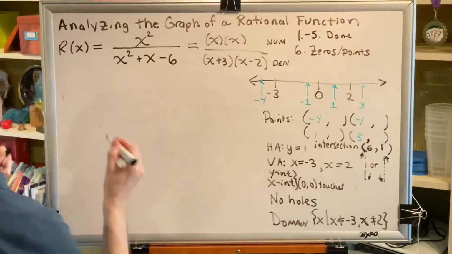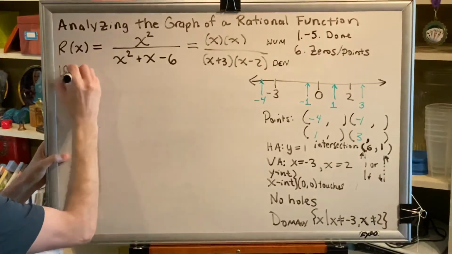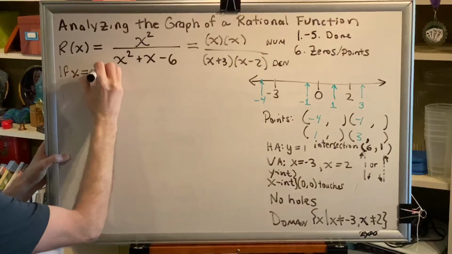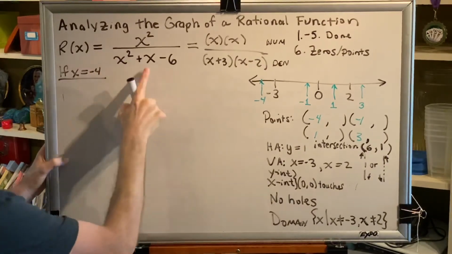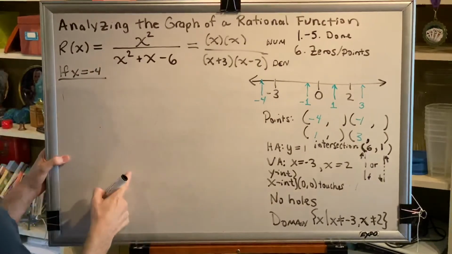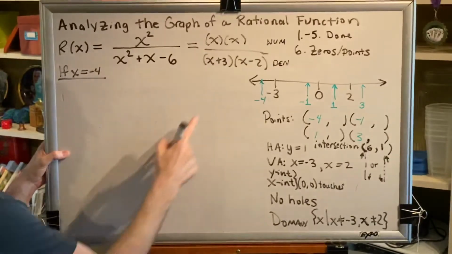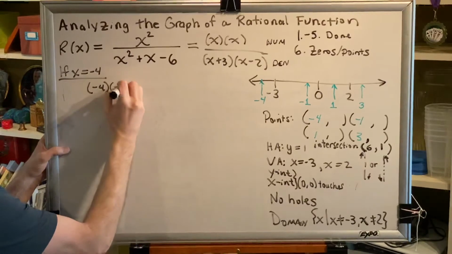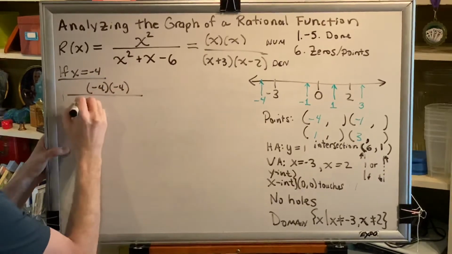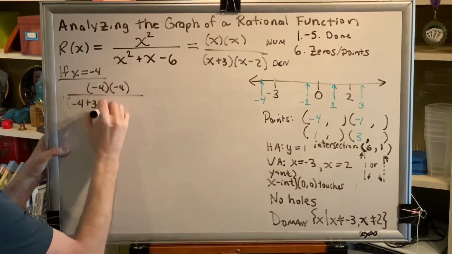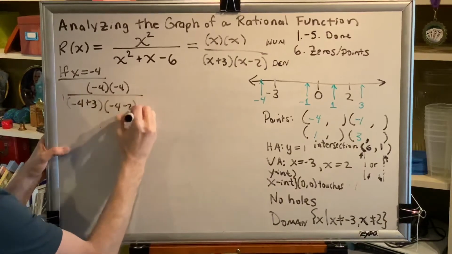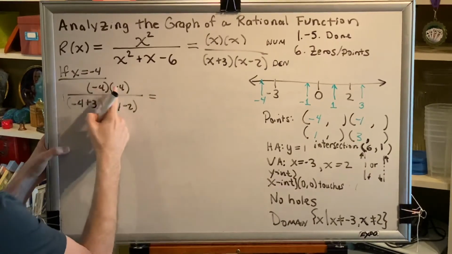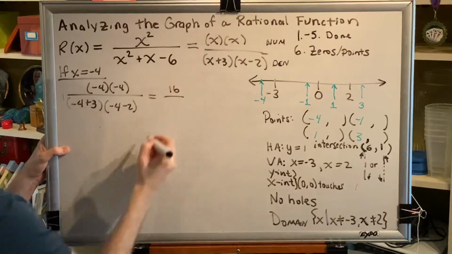All right, so let's start with the first value. So if x is equal to negative 4, we can plug into our polynomial form or our factored form. Either way is fine. In this case, I'm going to choose the factored form. So we have negative 4 times negative 4 over negative 4 plus 3 times negative 4 minus 2. So negative 4 times negative 4 is positive 16.